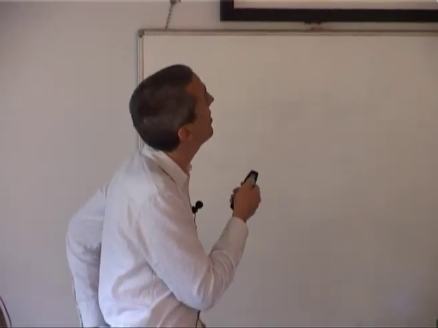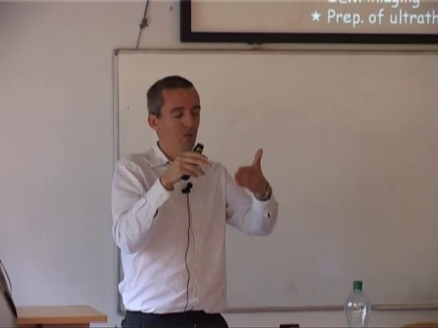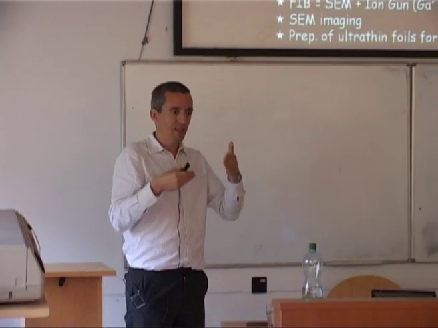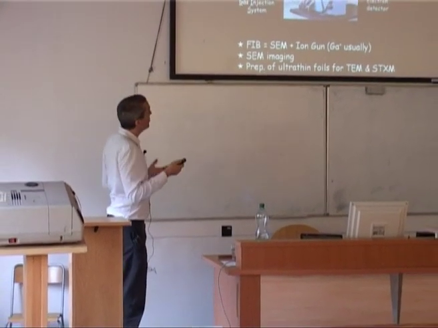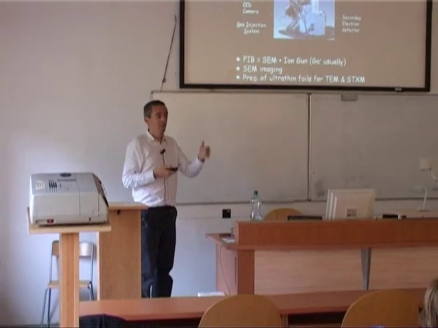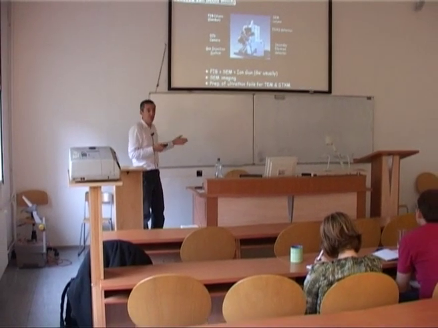And when I say very thin, it's down to 100 or 200 nanometers. So this is really thin. So now you want to look at your samples, but you want to get very thin pieces, cuts in your samples. But we have techniques that allow you to prepare such samples, such cross-sections.